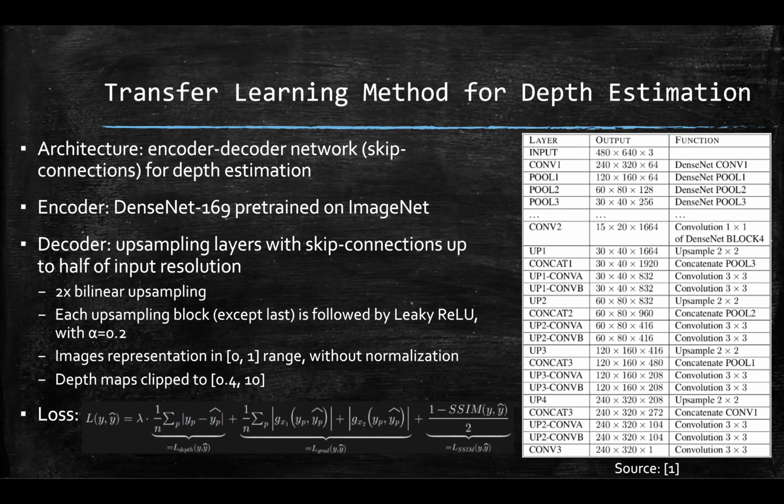Of course, having the same spatial dimension, meaning that we also have skip connections like the true UNet architecture. Okay, then each upsampling block, except for the last one, is followed by a leaky ReLU activation with alpha 0.2. Alpha is the slope for x smaller than 0 for a ReLU function.